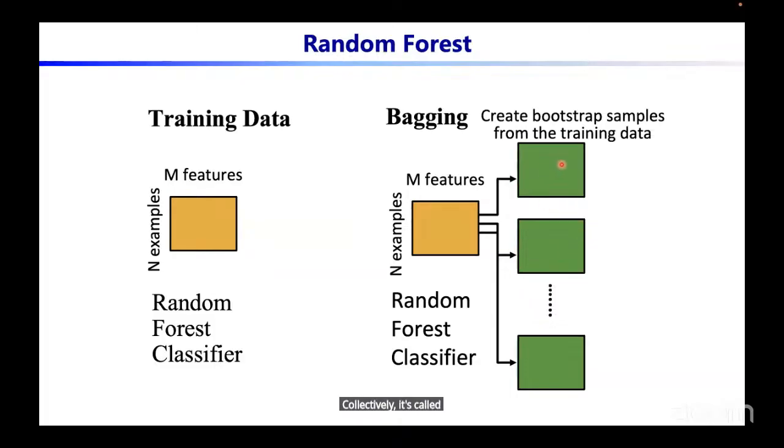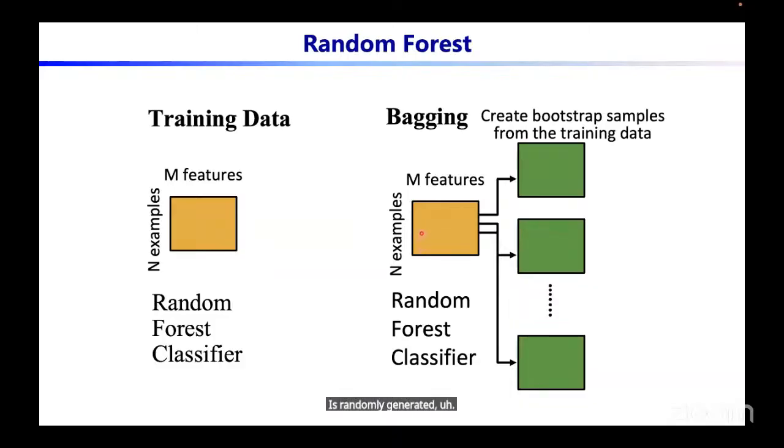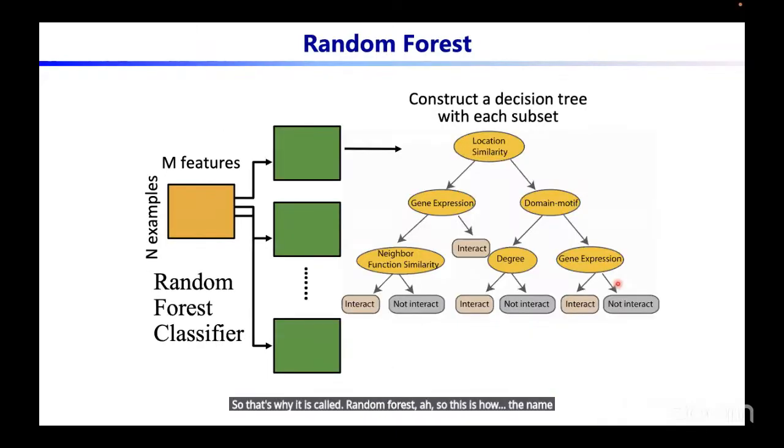That's why the name forest appears. Random being that each tree is randomly generated based on a subset of samples. That's why it is called a random forest. So this is how the name random forest comes out.